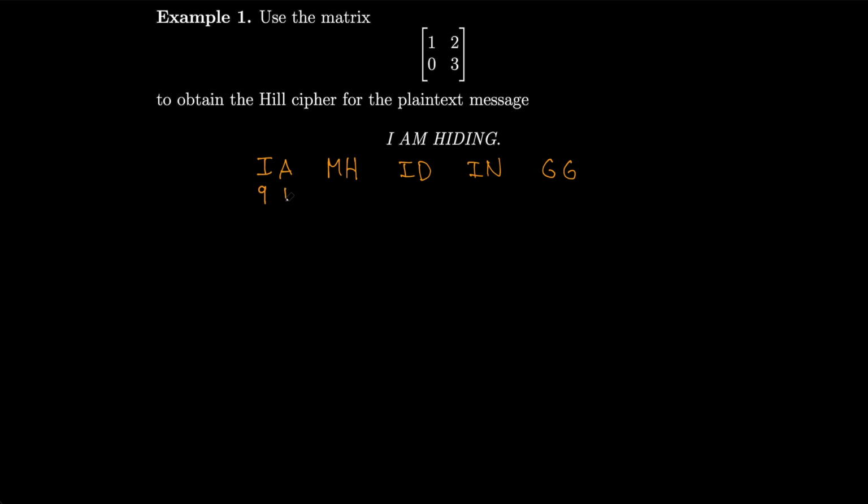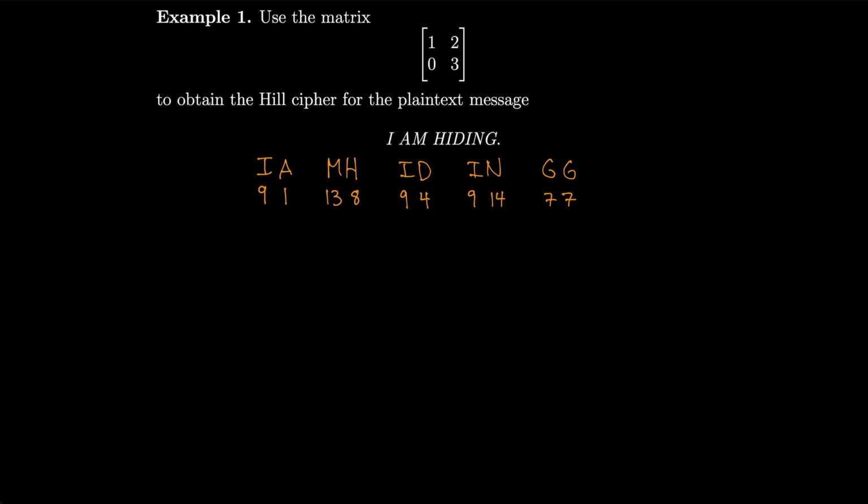A is the first, so I assign 1. M is the 13th, H is 8th, I is 9th again, D is 4th, I is 9th, N is 14th, G is 7. Notice I put an extra G because I want to have an even number, so I just duplicated the last letter.